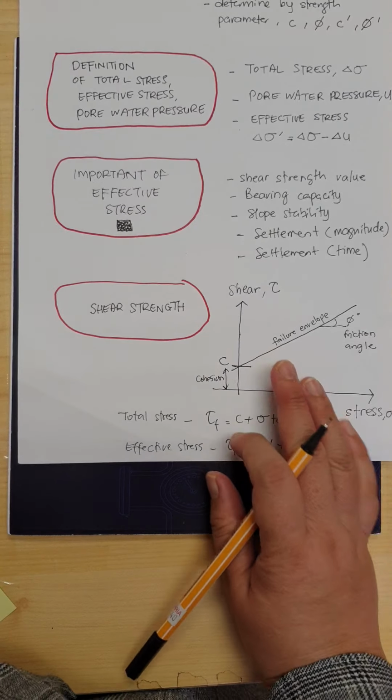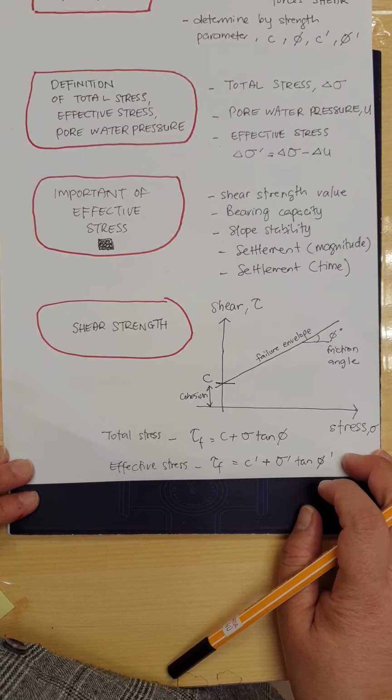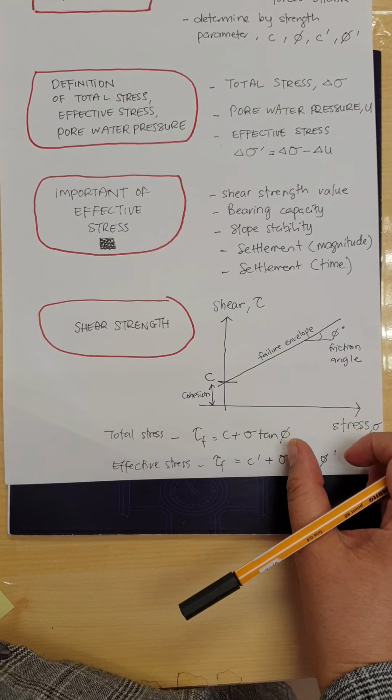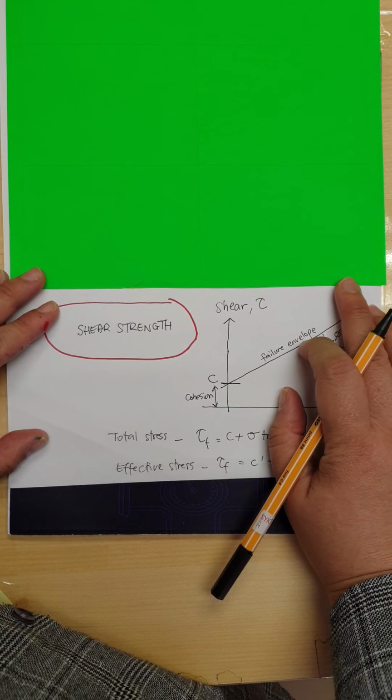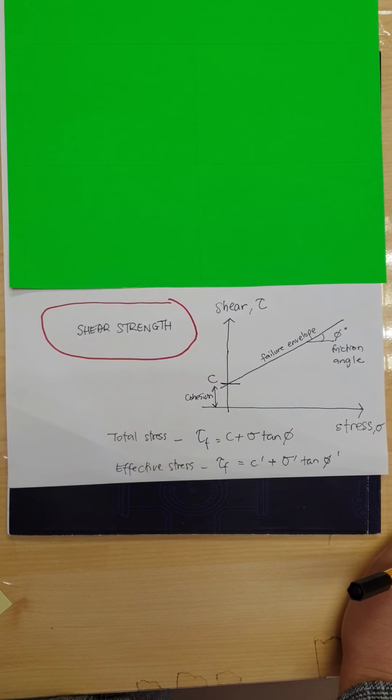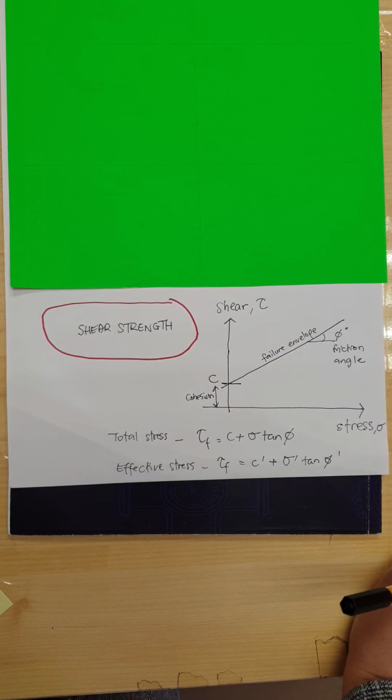So the last part will be the shear strength. This is what we will focus on, the calculation. You will focus on shear strength calculation and analysis. In the next section, if we want to consider shear strength, we always draw what we call Mohr's circle. And that Mohr's circle, of course, requires you to use your protractor and all the drawing equipment.